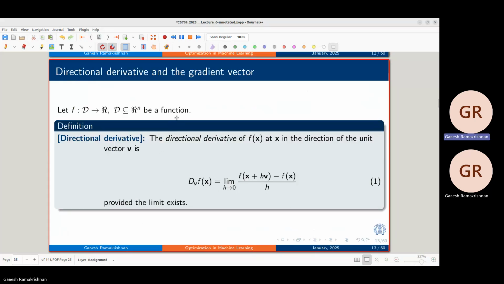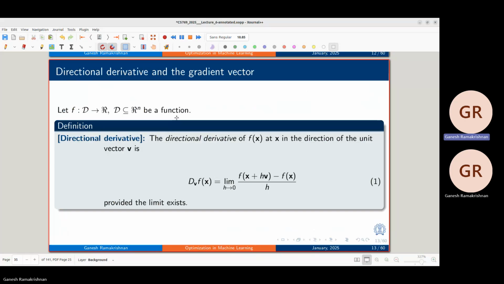So a directional derivative is basically the rate of change of the function along a particular direction. I consider a direction vector, and I look at how fast the function changes along the direction of the direction vector.